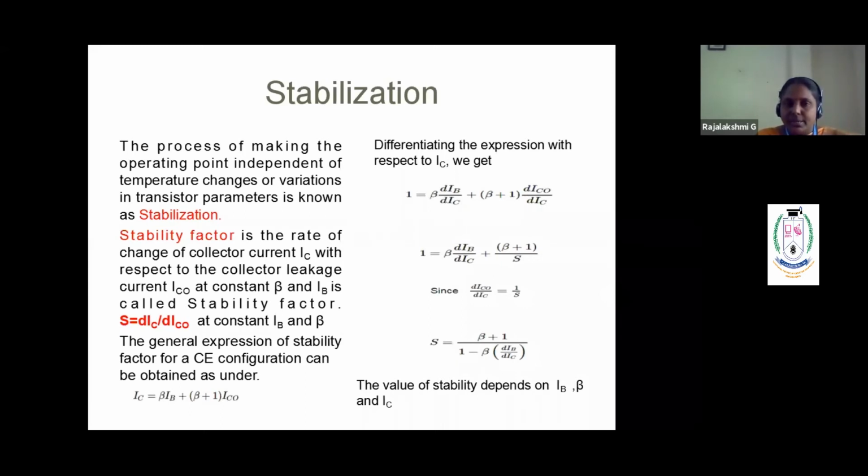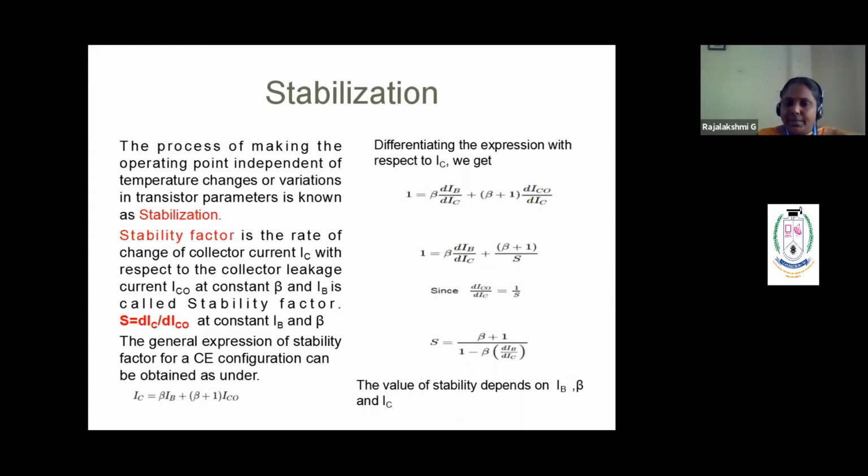We normally find the stability factor as dIC divided by dICO, that is, the change in collector current to the change in collector leakage current when IB and beta are maintained constant. Usually there is an expression I've given: IC is equal to beta IB plus (beta plus 1) into ICO. This is the general equation.